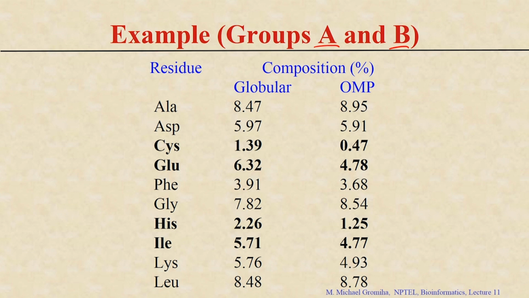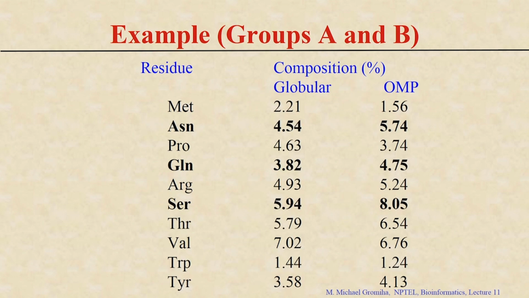Then if you get all these sequences, I can calculate the composition, because you can just calculate n of i by n: take all the residues, count the residues of each type, and normalize by n, and you will get the composition. This is group A, for example, and this is group B; you get the composition for 20 different residues, here 10 residues and here 10 residues.